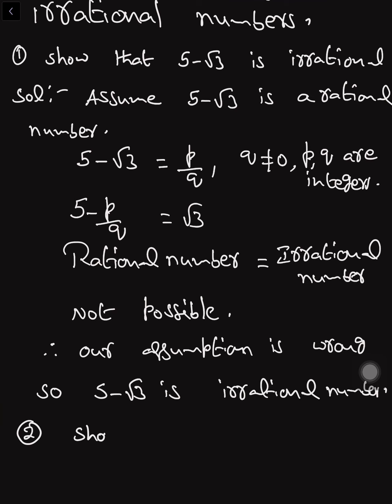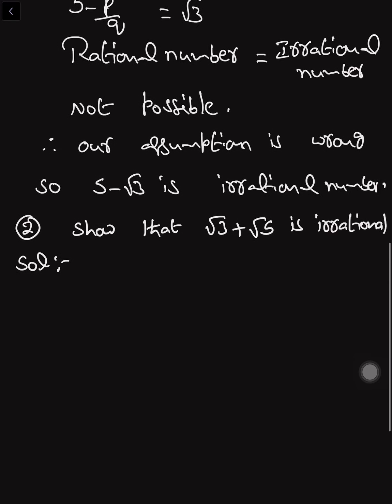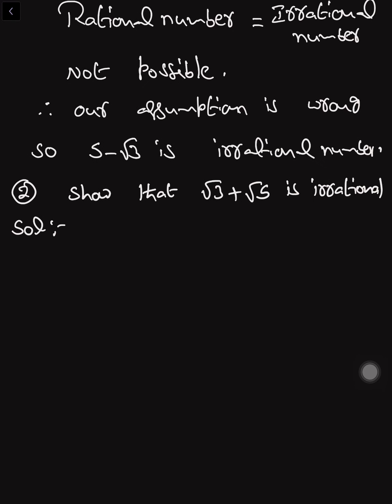Show that root 3 plus root 5 is irrational. Solution. Students, now in this problem they have given two irrational numbers.